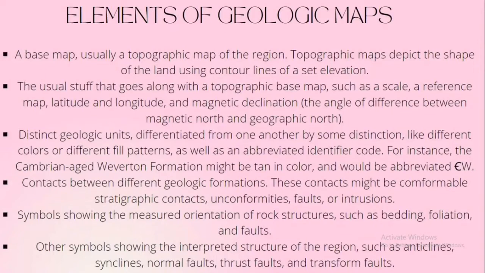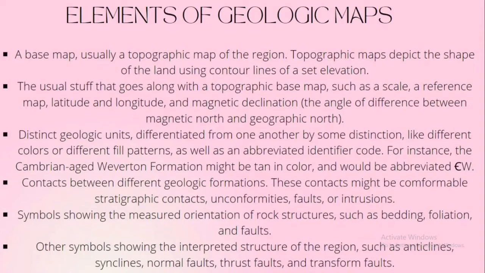For instance, the Cambrian Age Weverton Formation might be tan in color and would be abbreviated as Cw. Contacts between different geologic formations. These contacts might be conformable stratigraphic contacts, unconformities, faults, or intrusions. Symbols showing the measured orientation of rock structures such as bedding, foliation, and faults.